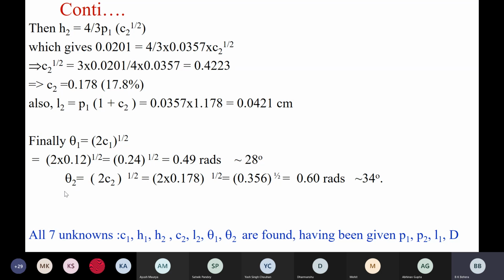Now we have all 11 parameters: C1, C2, H1, H2, L1, L2, theta 1, theta 2, P1, P2, and D. All 11 parameters. This is how you can calculate.